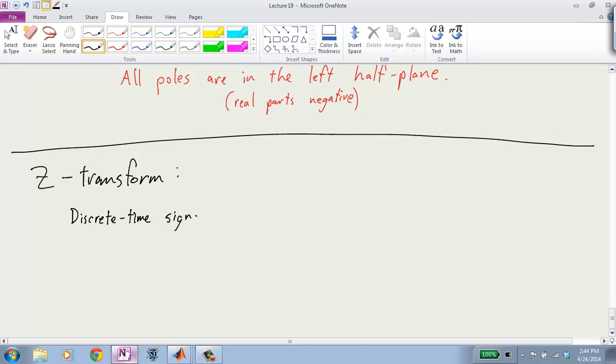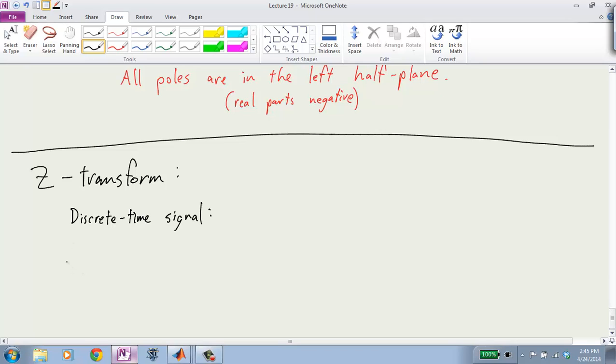When we were doing the Fourier transform, there wasn't that much difference between continuous time and discrete time. There were some key differences. The discrete time Fourier transform is always periodic. The continuous time Fourier transform is not. Nice things to remember. But here we name a whole new transform for discrete time. You'll see they're very related, and that's why I can introduce it quite quickly.